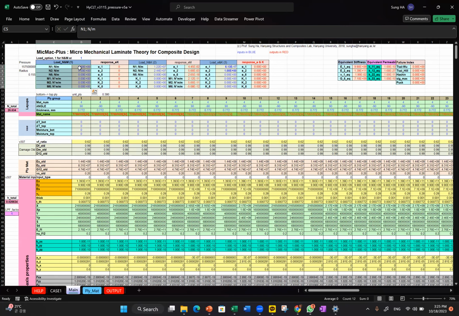So this is going to be an input in red, and this will be the output. I'm just going to try, and as you can see, you can have some result.